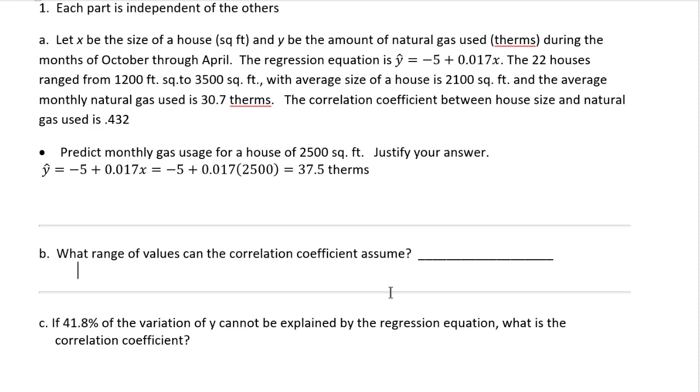And anything in between is some correlation. If the correlation is 0, then there's no correlation at all. And we know that the Pearson correlation coefficient R can only be a value between -1 and +1. So you should write your answer as -1 less than or equal to R less than or equal to 1. Okay, so these are the ranges of values for R.